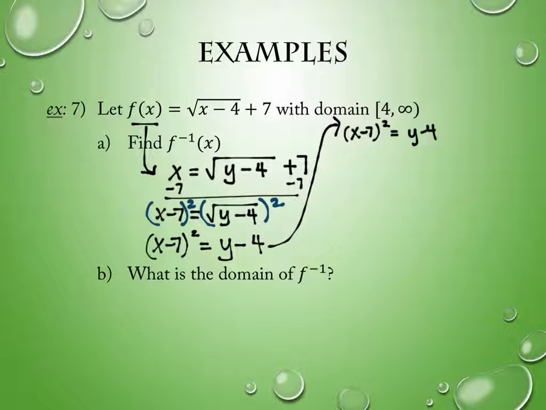What was the next one? Add 4, right. And please do not add the 4 to the 7. That 7 inside is underneath a square. Don't add those together. This is x minus 7 squared plus 4 equals y.